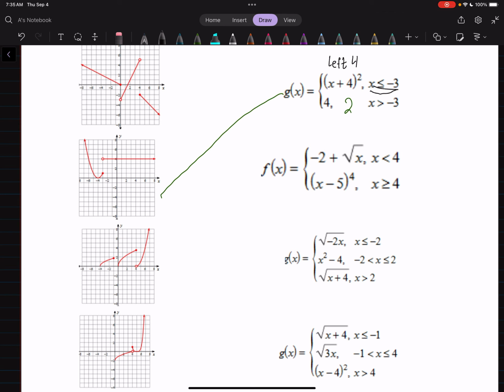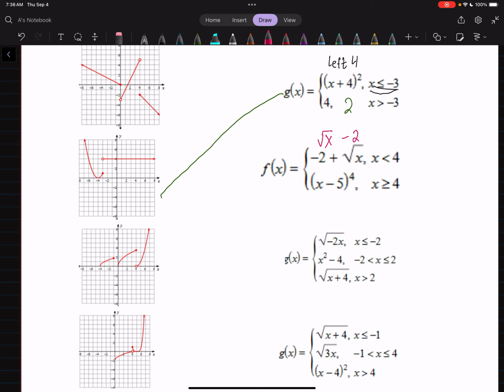Negative 2 plus square root of x. Now, I don't know if you're like me, but I do not like the way this looks. I like having the x portion closer to the front and my vertical translation in the back, because now I know it is the square root function being shifted down 2 units. There are only 2 terms, but I still need to check this graph.